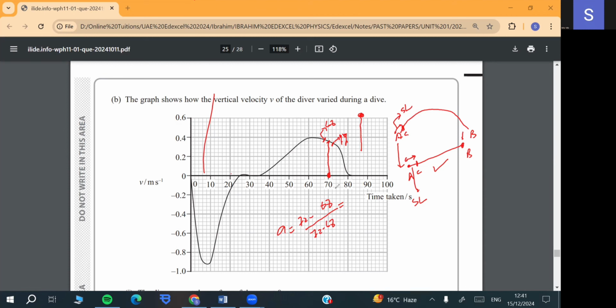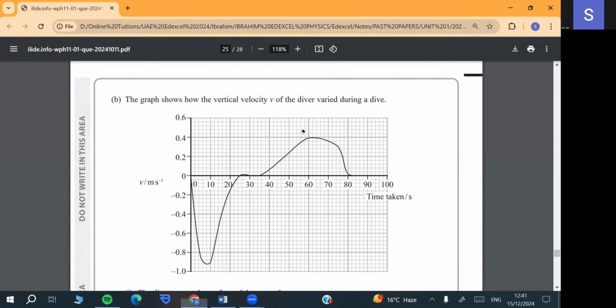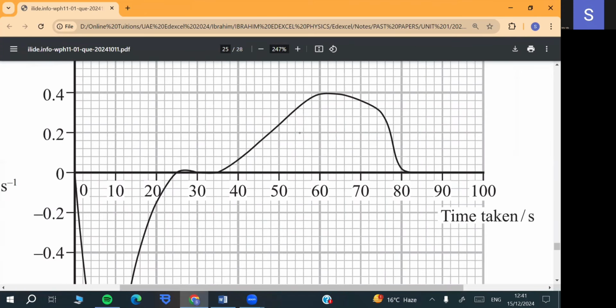I need to take the values now. Here the value is about maybe... Okay, let's zoom in and check what the values are. So this is 70.